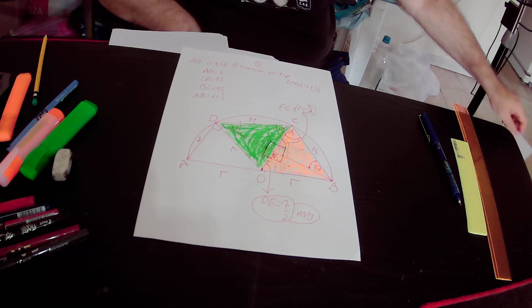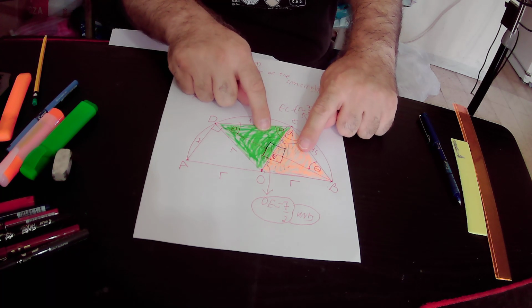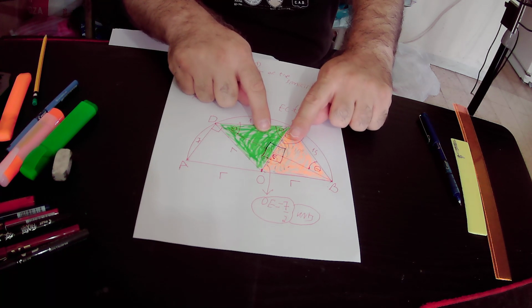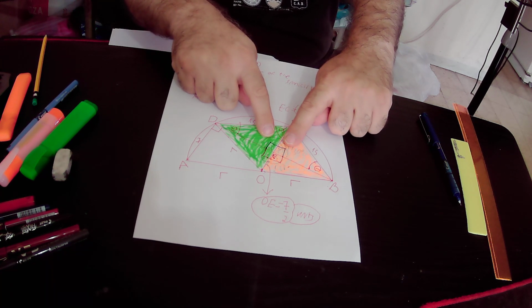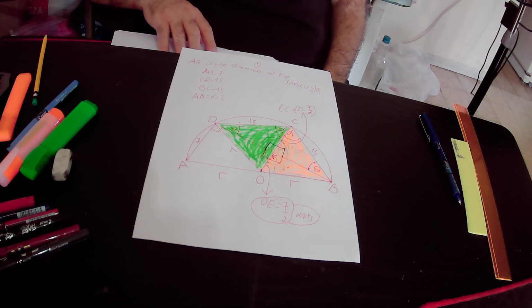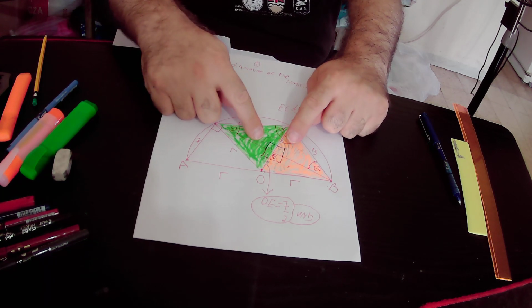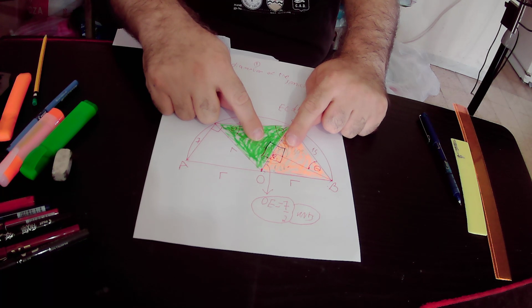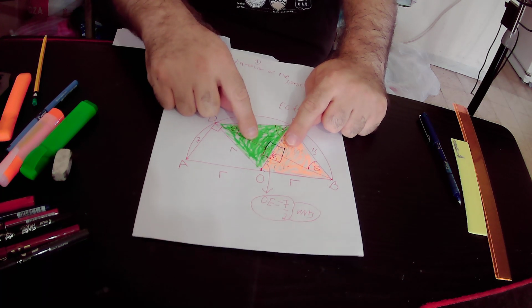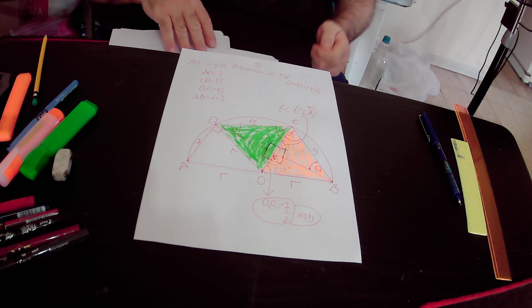Okay, so those two triangles are congruent, therefore we can derive from it that those two angles are also equal to each other, or angle CEB is equal to angle CED. Okay, and we define those two angles as x.